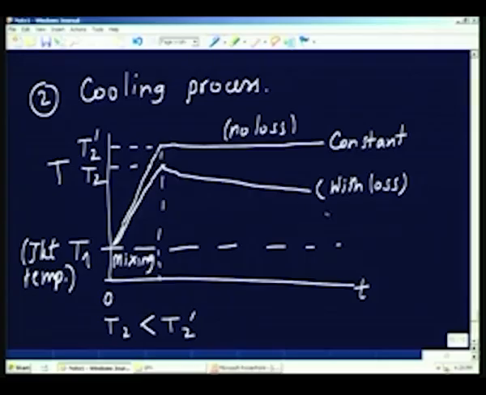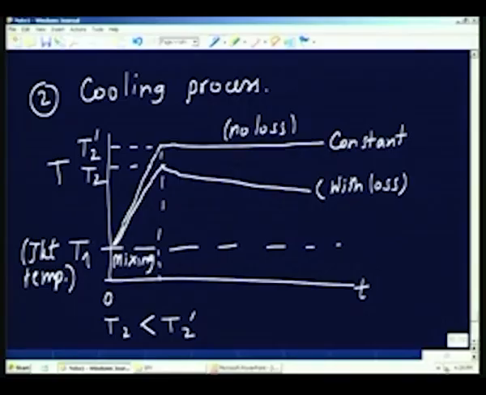Of course, it cannot go below that, it will come to the jacket temperature because of the heat loss. That means during the mixing process, there is some heat loss. Therefore, this temperature did not reach that value. Of course, in this figure it is highly exaggerated. The temperature difference may be very small, and then it starts coming down instead of staying constant.